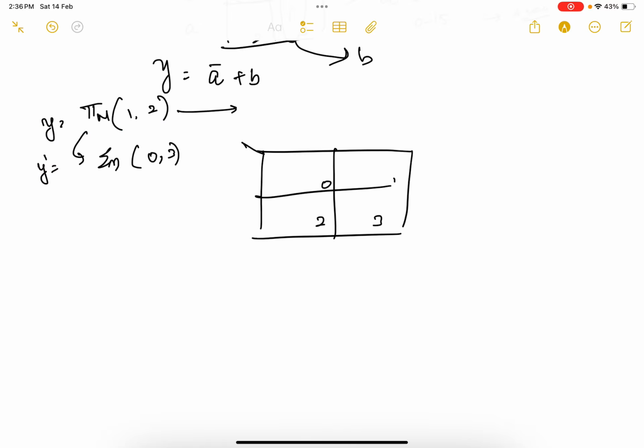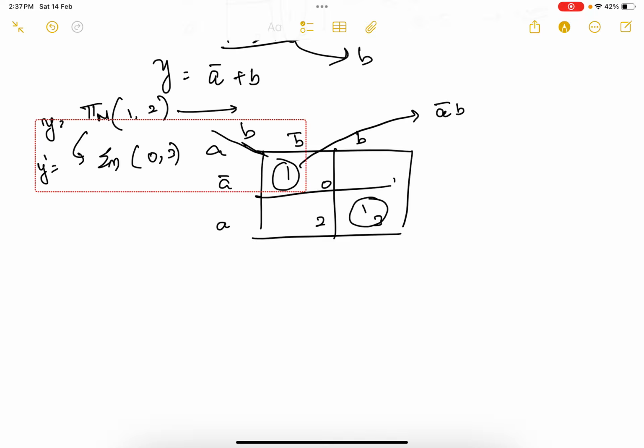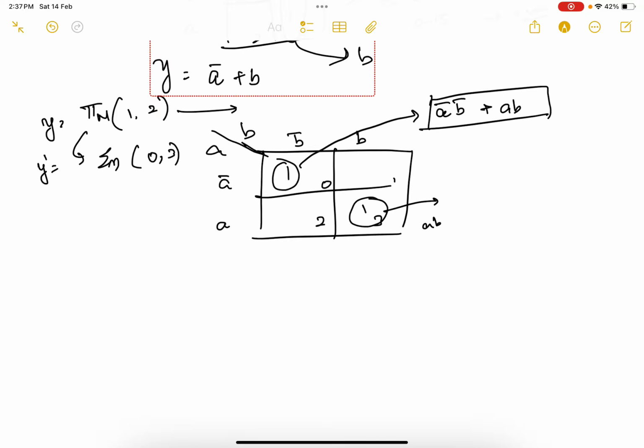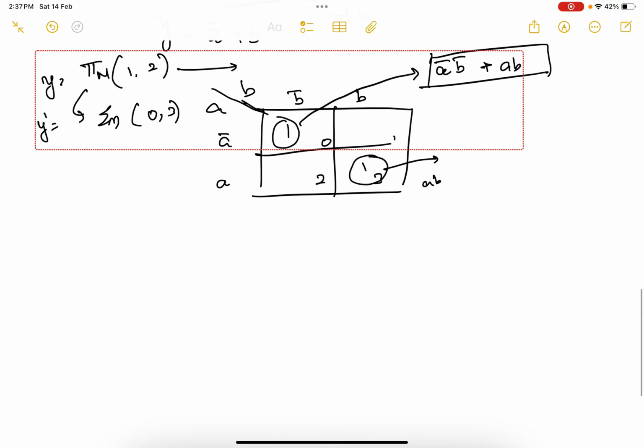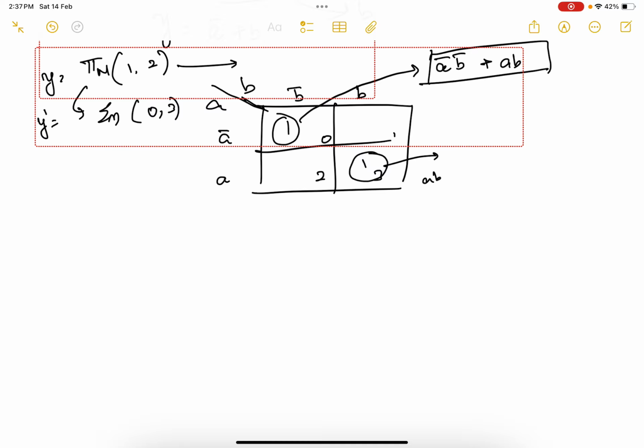You will be having a 1 and 1. So there is no formation of pair or quad. So this will be your B dash B, A dash A. For this the answer will be A dash B. For this the answer will be what? AB. So this is the final answer. Got it? So that's all regarding your two variable k-map.